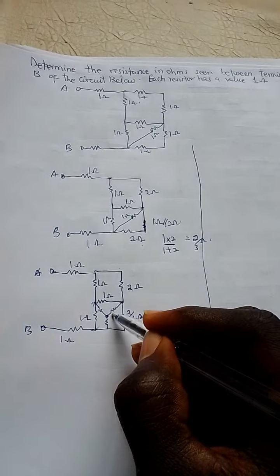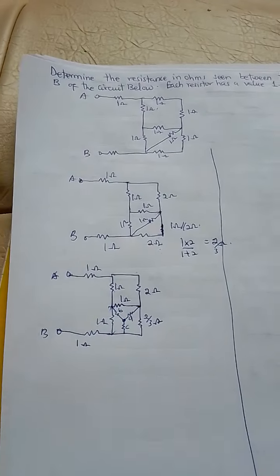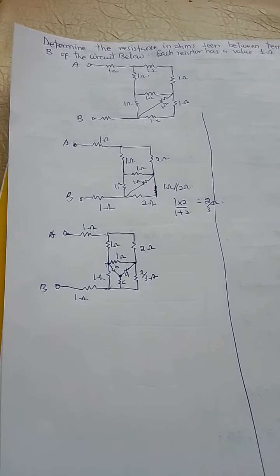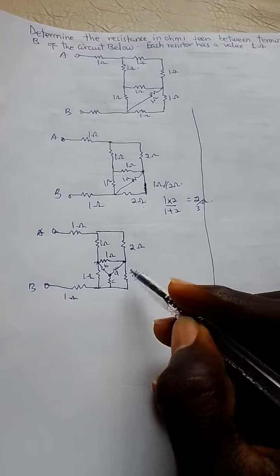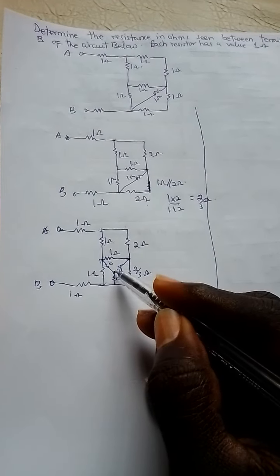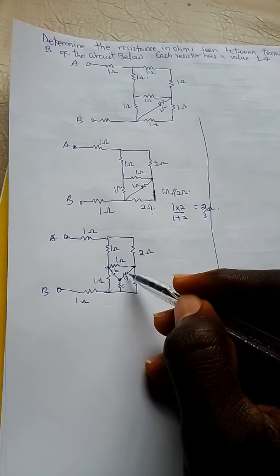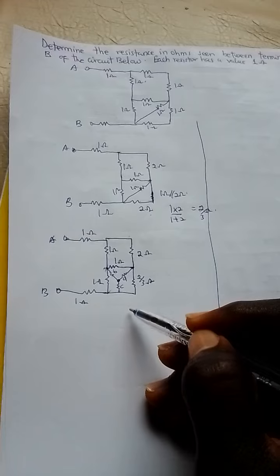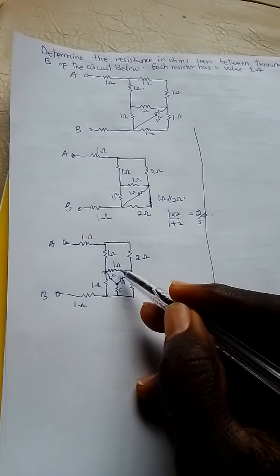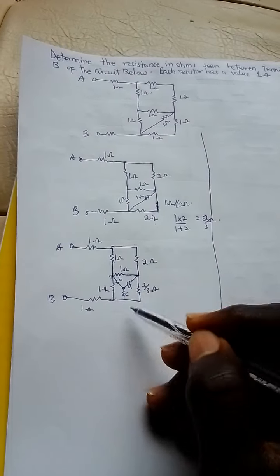Then I'll make here my A, make here my B, and here my C. Now in delta star transformation, if you want to convert from delta to star, to find the value of the resistance A here, A is in between the 1 ohm and the 2 over 3 ohm. So what you do is that you multiply these two resistances and divide by the sum of the 3 resistances.